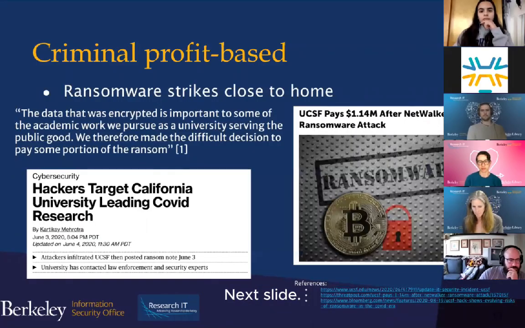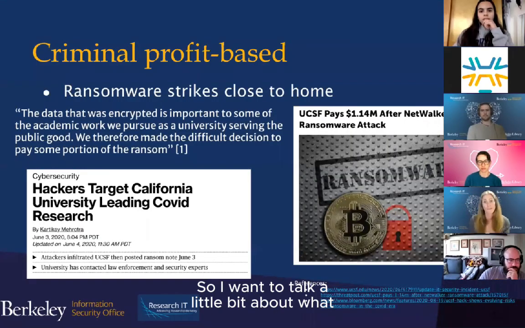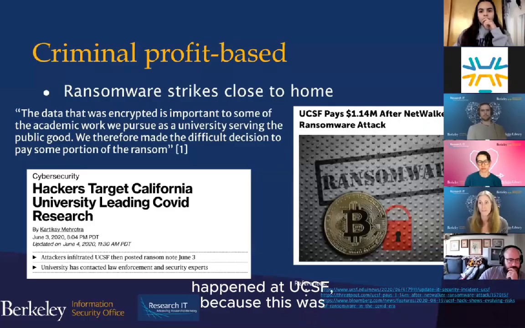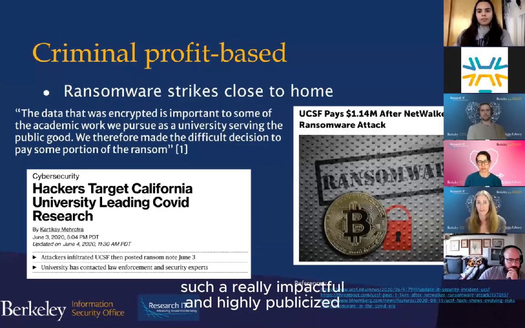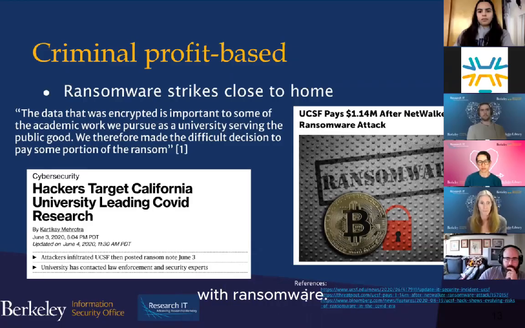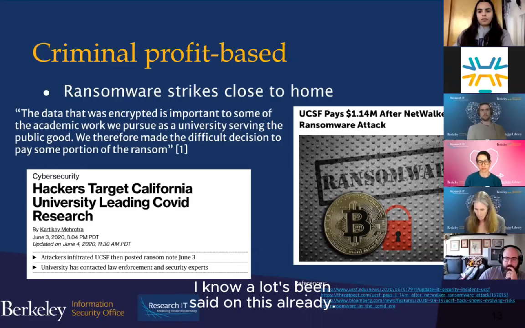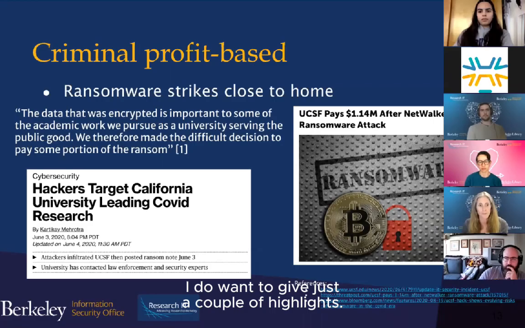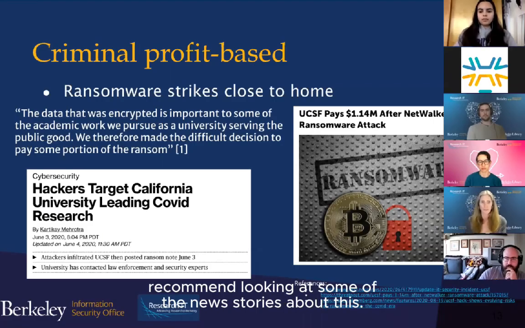Next slide. So I want to talk a little bit about what happened at UCSF, because this was such a really impactful and highly publicized case of a UC research institution being targeted with ransomware. I know a lot's been said on this already. I do want to give just a couple of highlights. If you're not familiar with it, I really recommend looking at some of the news stories about this.